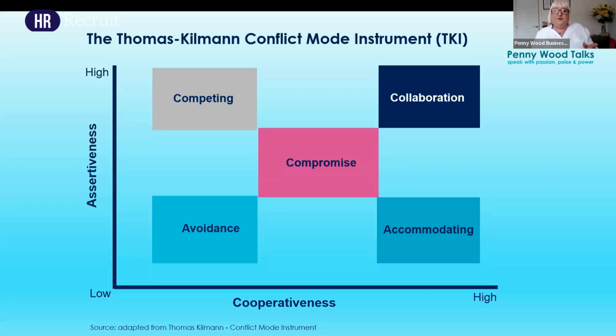The last one is compromise, and compromise is about finding the middle ground for what's right for you and for the individual. It's a temporary settlement. It's good for settling a complex issue where all sides need to agree to move forward, and it's a good backup style to collaboration if that competitive instinct fails.